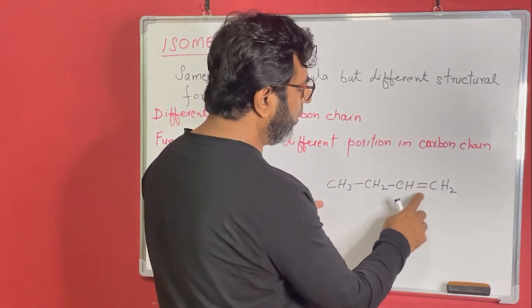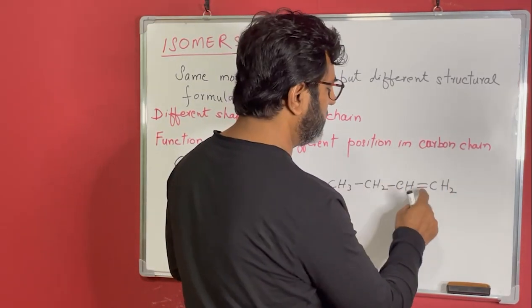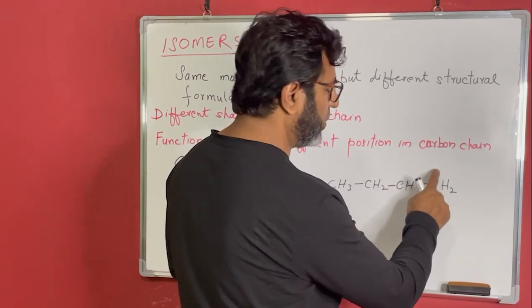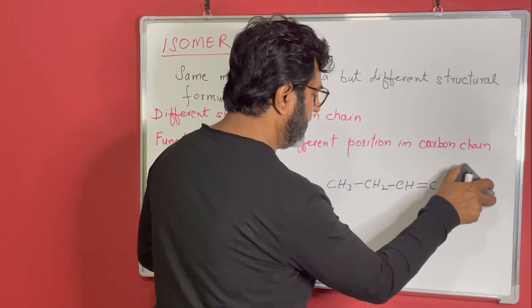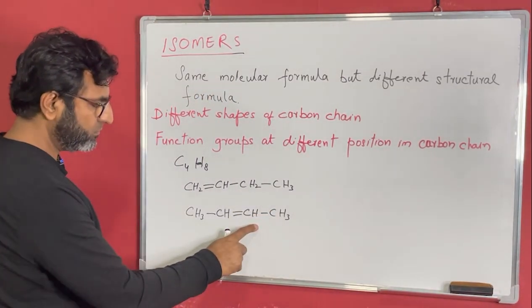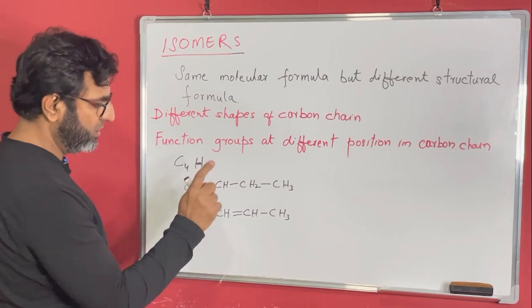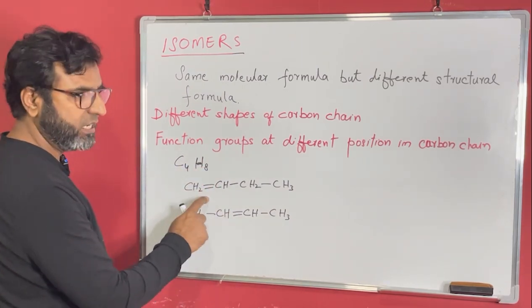Here the double bond is on the right hand side, so I will name the chain from the right hand side. So it's still at position number 1. So this and this are actually the same structure, they are not different. That's why we have 2 isomers for butene, because the double bond is at different positions.